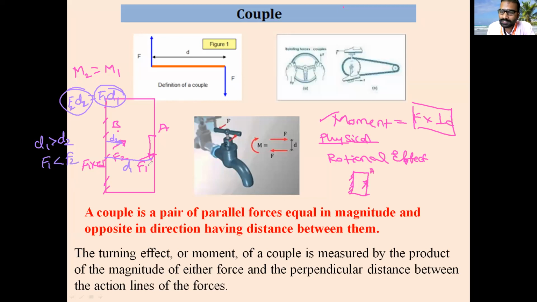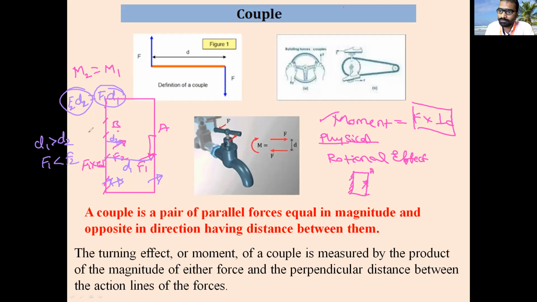Did everyone understand? After this class, go to your door and apply the force at different places, at the end edge and nearer the hinge. Check where more force is needed. As the distance increases, the force required is less. As the distance decreases, the force required is more.